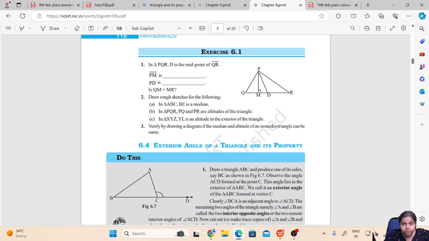PM is an altitude, okay, it's an altitude for vertex P to the opposite side, that is QR. Understood? So what is PD? PD is the median, okay, of the vertex P to the opposite side again QR. So PD is the median. This is an altitude, and QM is equal to MR. Just think that QM is equal to MR.